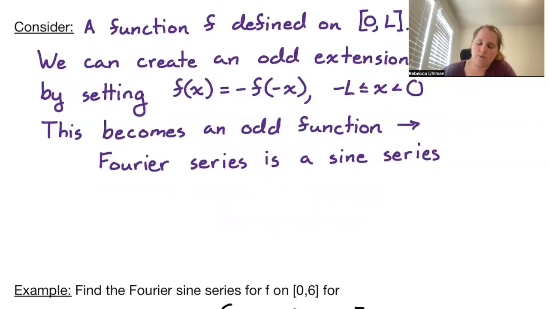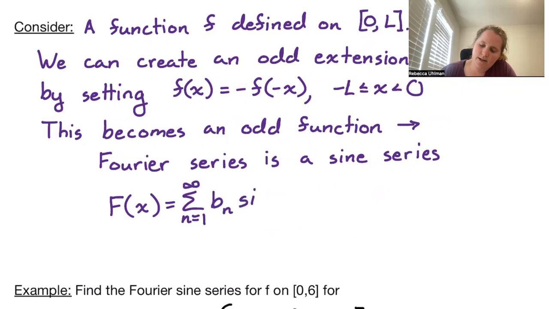And once again, we get f of x is equal to the sum from n equals 1 to infinity of b sub n times sine of n pi over L x.